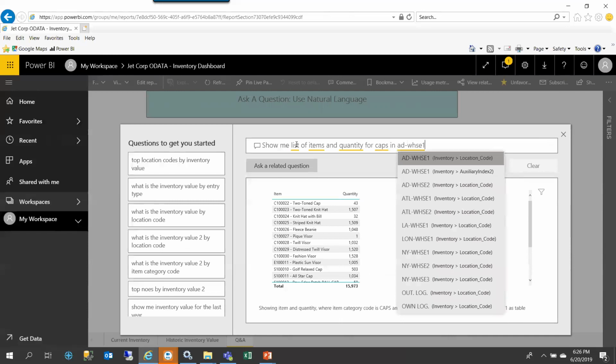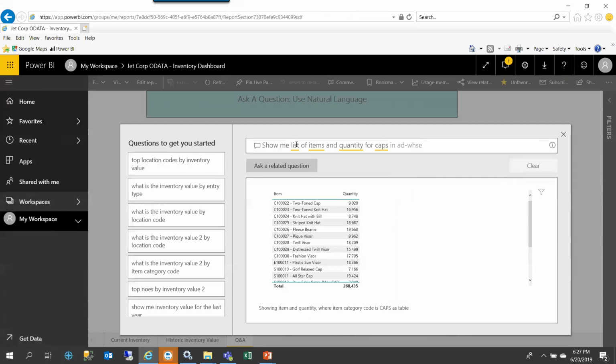So in plain language, I've asked the system to list the items and the quantity for the items that are under the caps item category only in the AD Warehouse 1. You'll notice that the quantity here is 15,973 of all the caps.